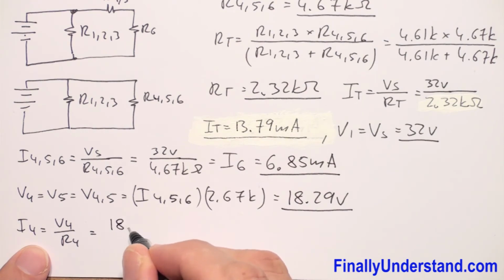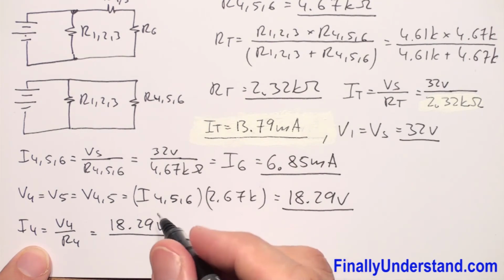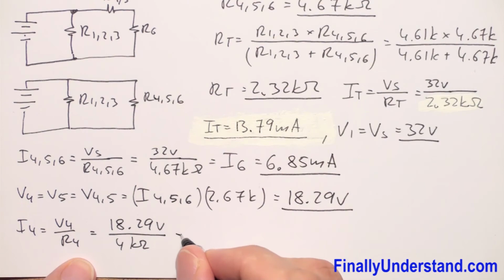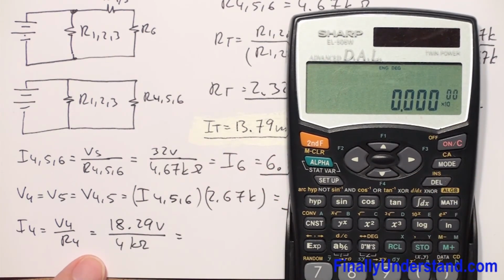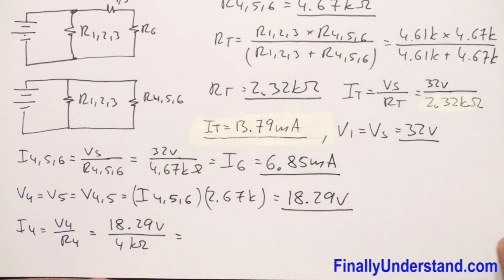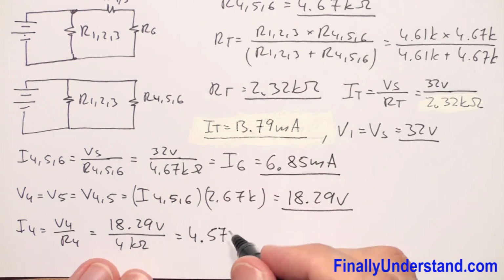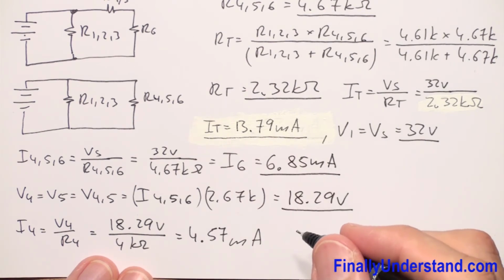This is 18.29 volts divided by R4, which is equal to 4 kilo ohms. So I have 18.29 divided by 4 exponent 3. This is equal to 4.57 milliamps. This is my current I4.